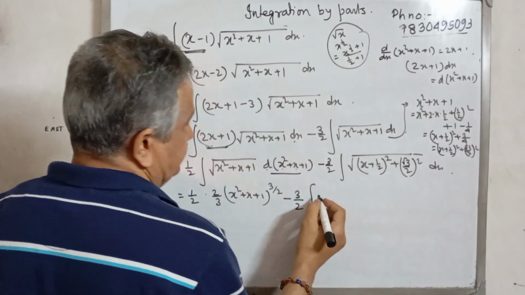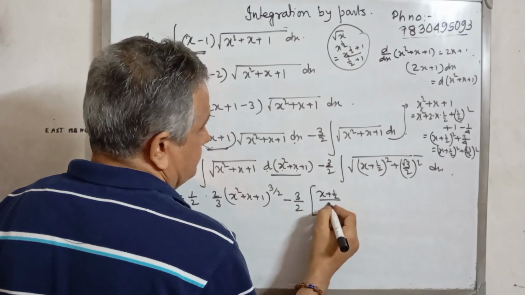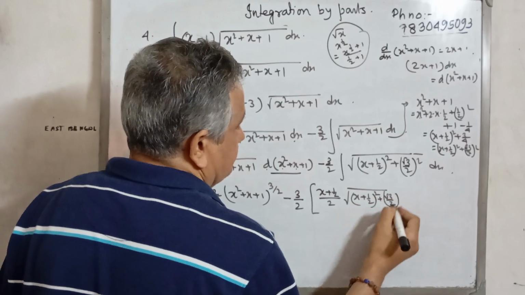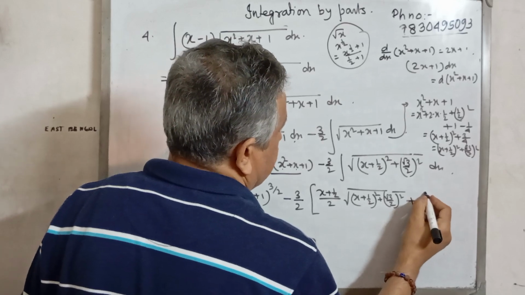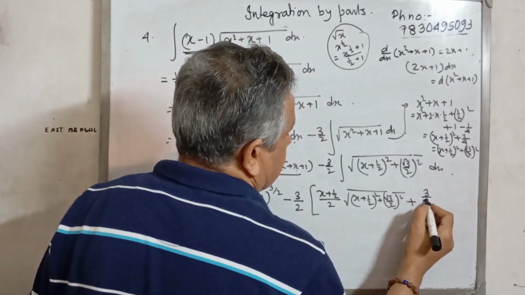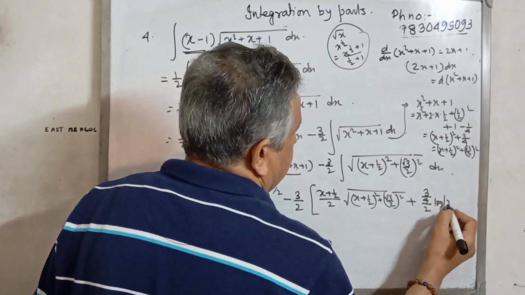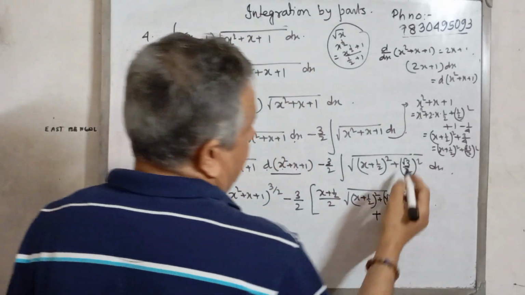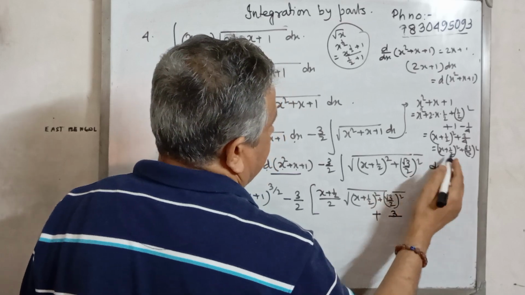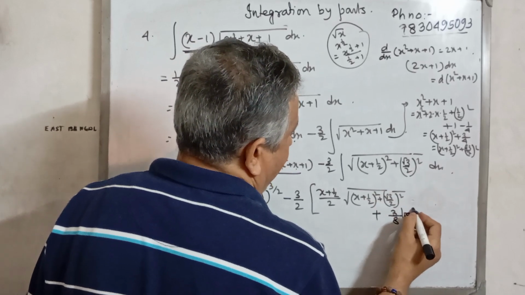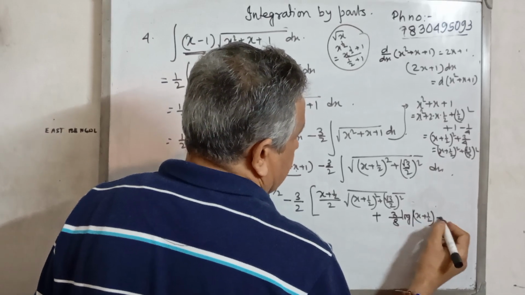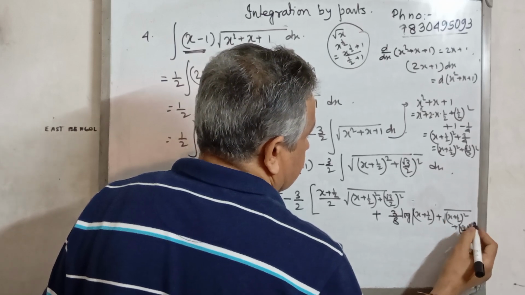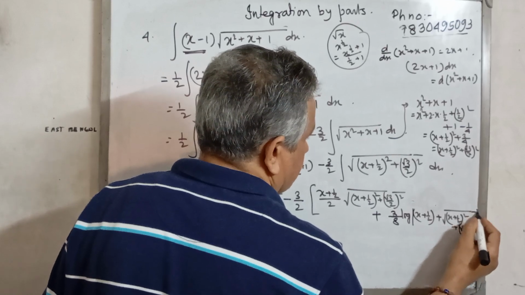Now using this formula, x by 2 root over x square plus a square plus a square by 2 log x plus root over x square plus a square plus c.